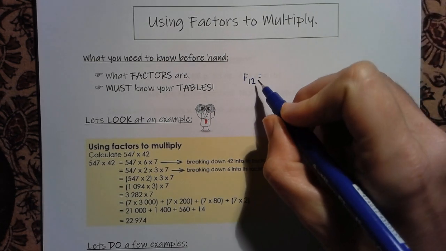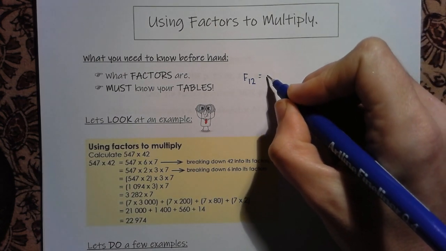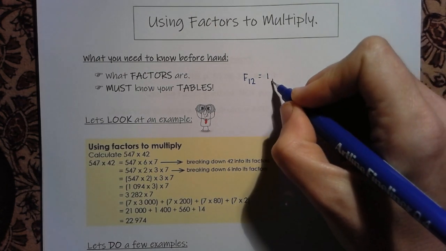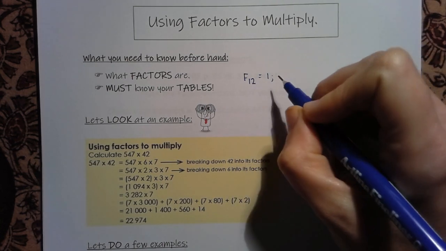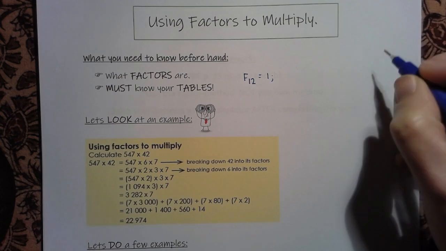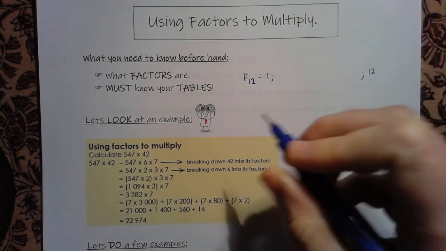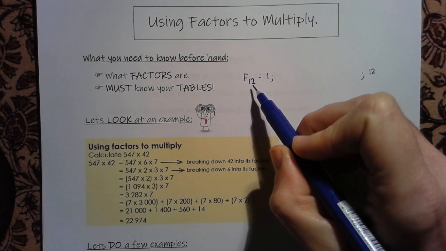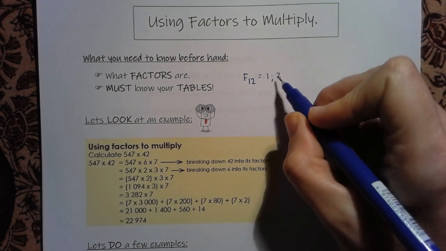Okay, so if I have to list all the factors of 12, it will start with 1, because 1 can divide into any number. 1 divides into 12, and then you ask yourself, how many times does 1 go into 12? That will be 12 times. Then the next number that can divide into 12 will be 2, and then you ask yourself, what times 2 equals 12?